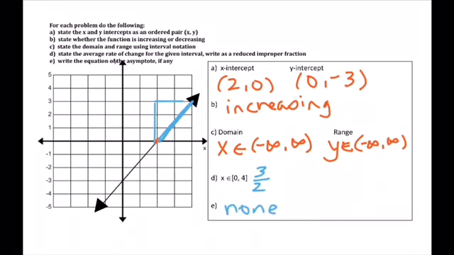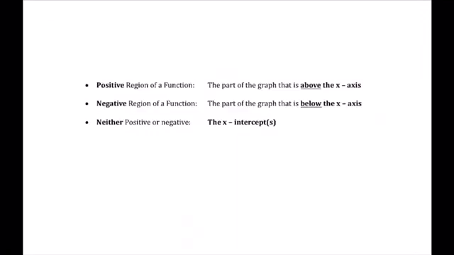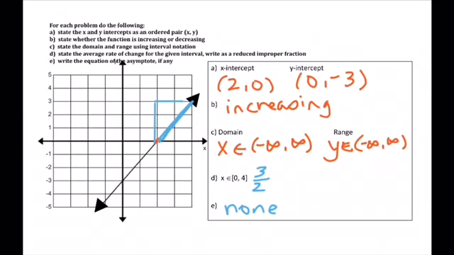Okay, with the lesson today we're going to talk about a lot of the same things that we've been doing, but we're going to add on the positive region of a function and the negative region of a function. Positive region is the part where it's above the x-axis. So if we look at this previous problem on your warm-up, this part of the graph is going to be positive, and this part of the graph will be negative because that's below the x-axis.